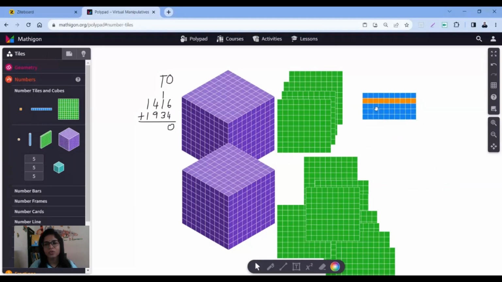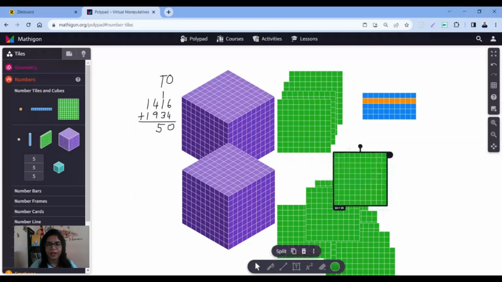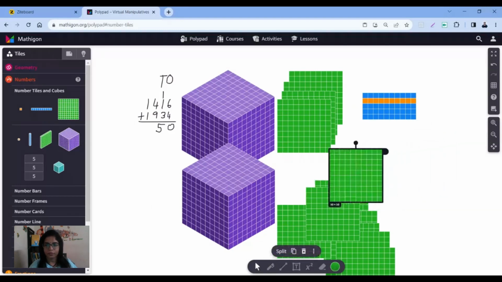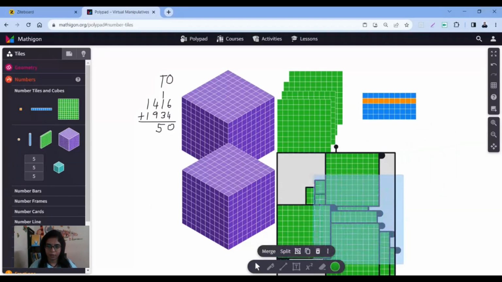What happens? One, 2, 3, 4, 5. 5 rods are there. If you see here, 3 plus 1 is 4, 4 plus 1 is 5. So 5 rods are there. We finished adding that also. Now it is the turn of the hundreds, right?